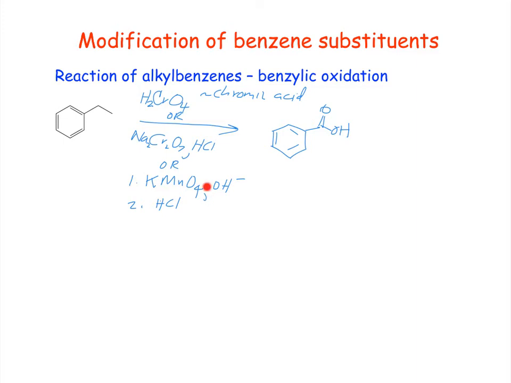So in basic conditions, remember this carboxylic acid would be as its conjugate base. So they're adding the acid here just to reprotonate that acid, to get its acidic form. So we can get to this benzoic acid from ethylbenzene.